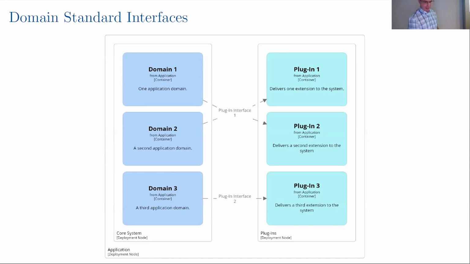And if we're really lucky, some domains could share a single interface, which then just reduces our complexity of the core system. But that then provides us with this mechanism where I can have different domains in my application, and then different plugins that extend those domains. But some domains will need to pass different information and be working with different types of data. So we can then cope with that because each domain has its own interface.